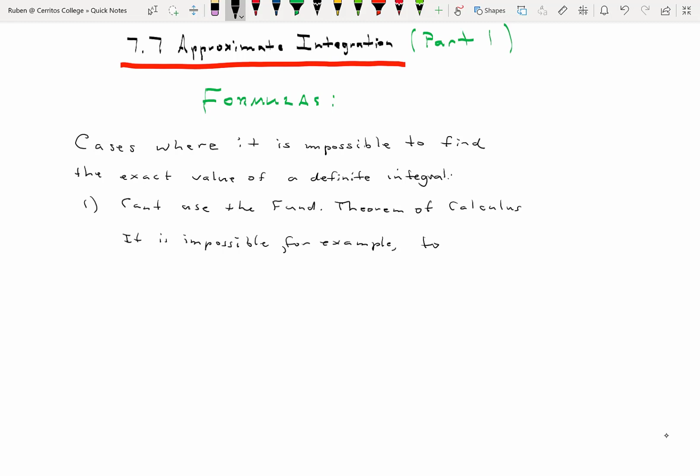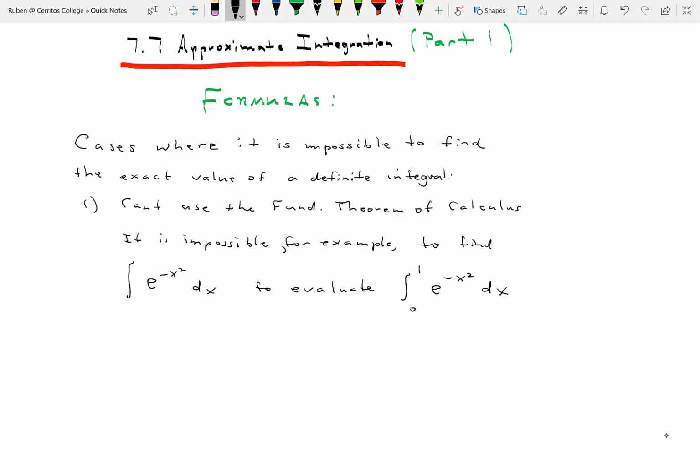it is impossible to find the integral of e to the minus x squared, to evaluate the definite integral, say, between 0 and 1 of e to the negative x squared dx. This is a very famous function. It's closely related to what's called in statistics the normal probability distribution.